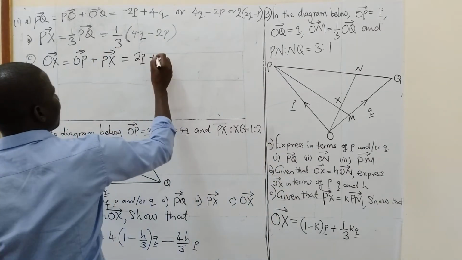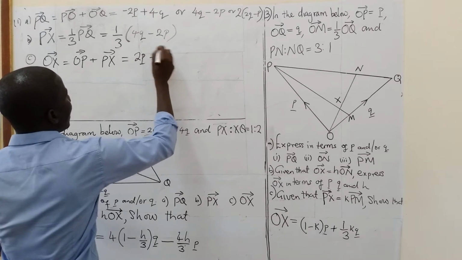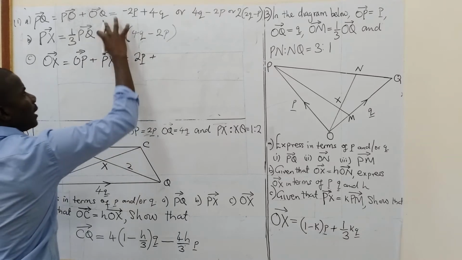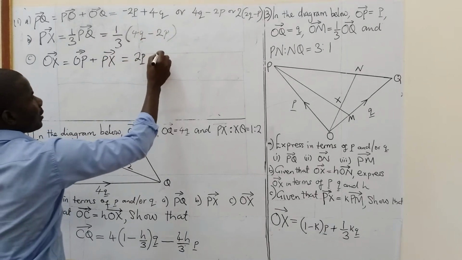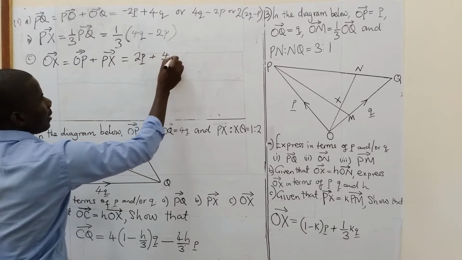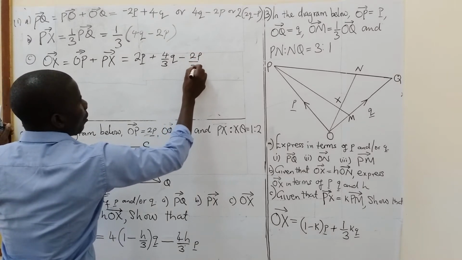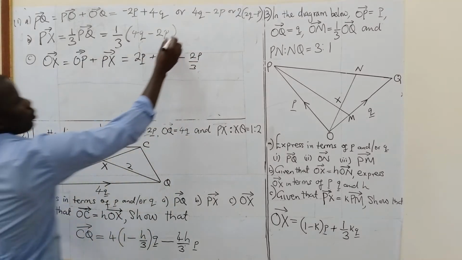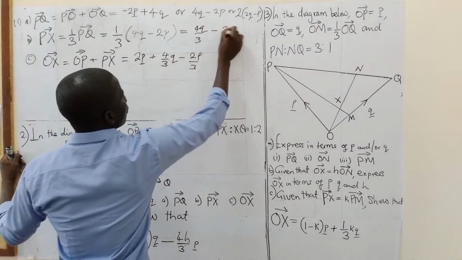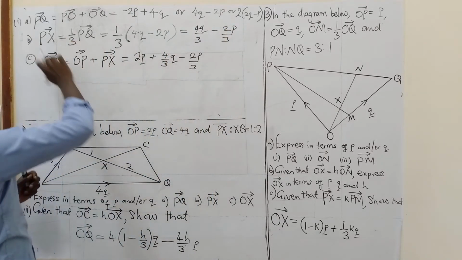So we are going to have plus, because now we are looking at this part. Distributing, this is going to be 4 over 3 Q minus 2P over 3, that is, 4Q over 3 minus 2P over 3. This is our PX.